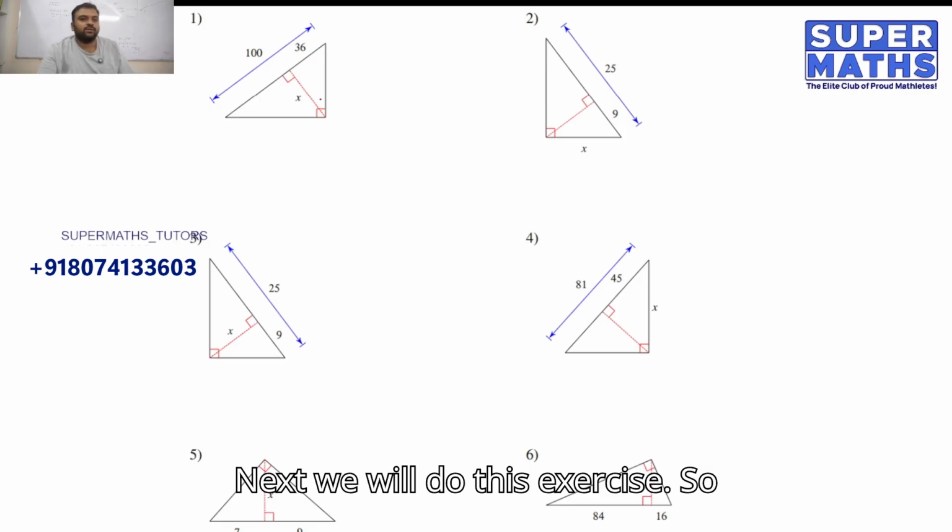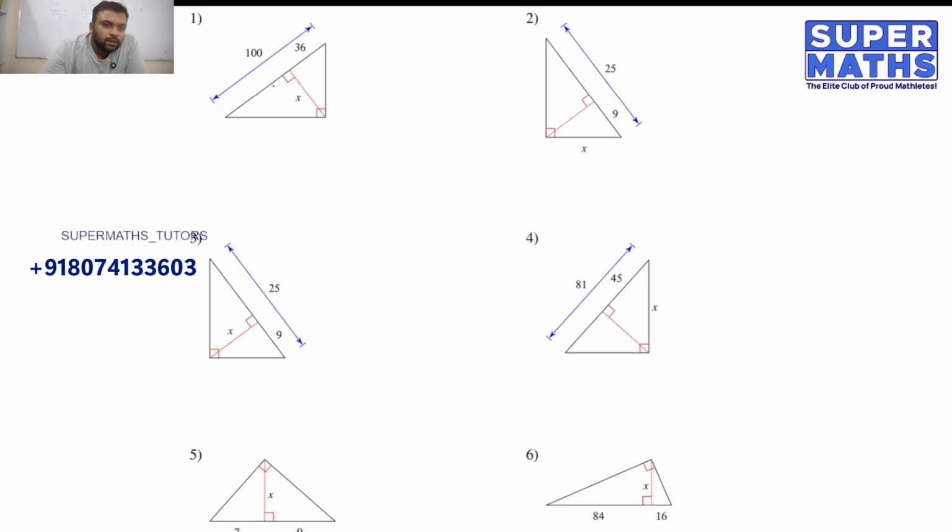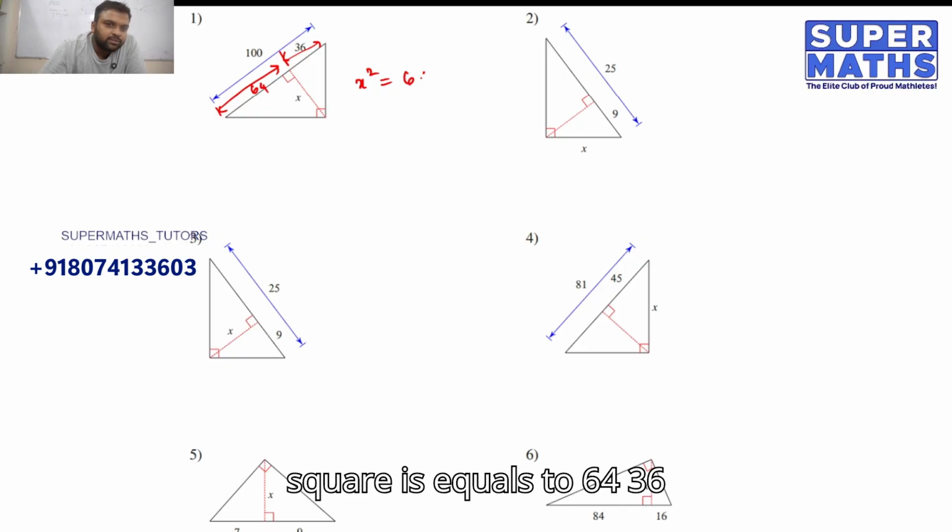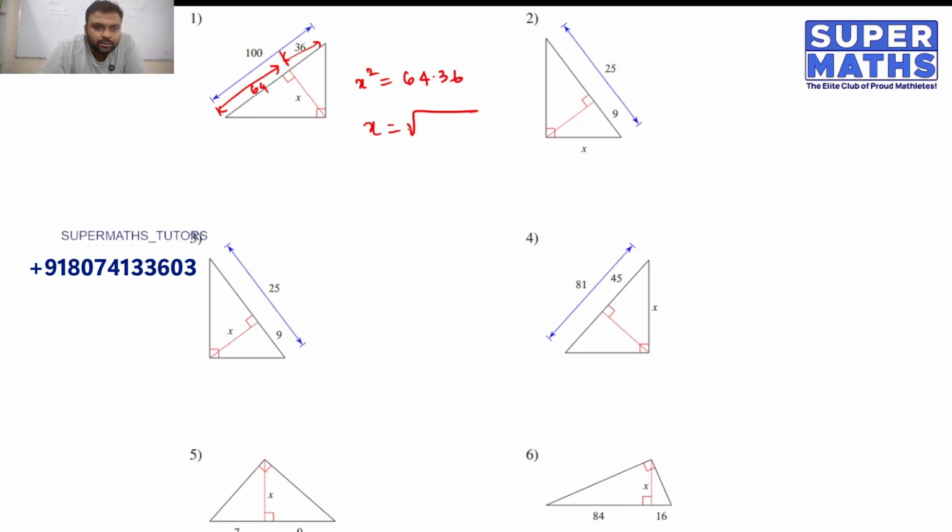Okay, next we will do this exercise. So if this is 36, you have this to be 64. So X square is equal to 64 times 36. X is equal to square root of 64 times 36, that is 8 times 6, that is 48.